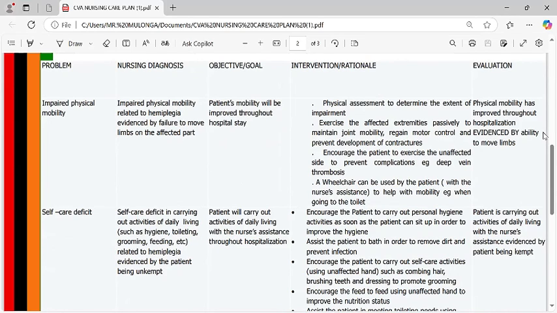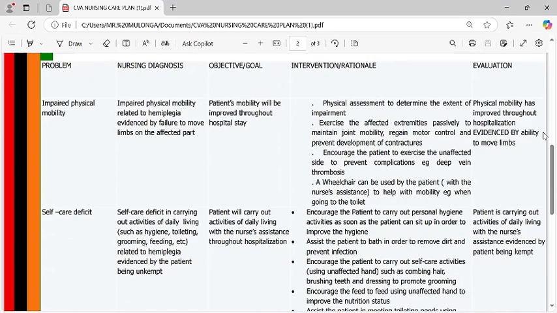They are not completely immobile, but they are not able to move as freely as possible. Therefore, they're having difficulties. So in the nursing problem, we are going to say impaired physical mobility.